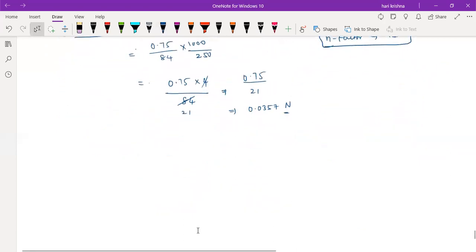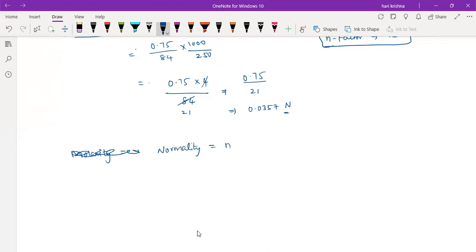Okay, next one, molarity. If you know the normality, you can calculate the molarity also, right? Normality is equal to n factor into molarity. We already know the normality, 0.0357, divided by the n factor.